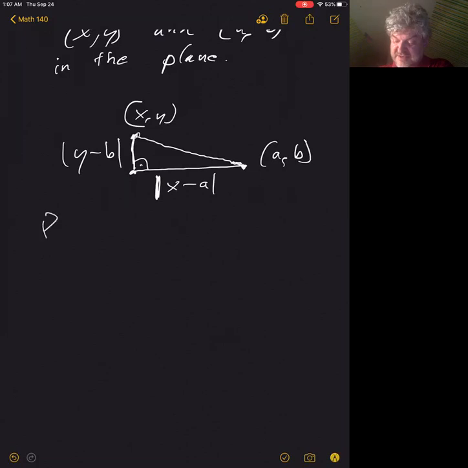And then Pythagoras says the length of the hypotenuse squared, so let's write for that the distance between those 2 points.